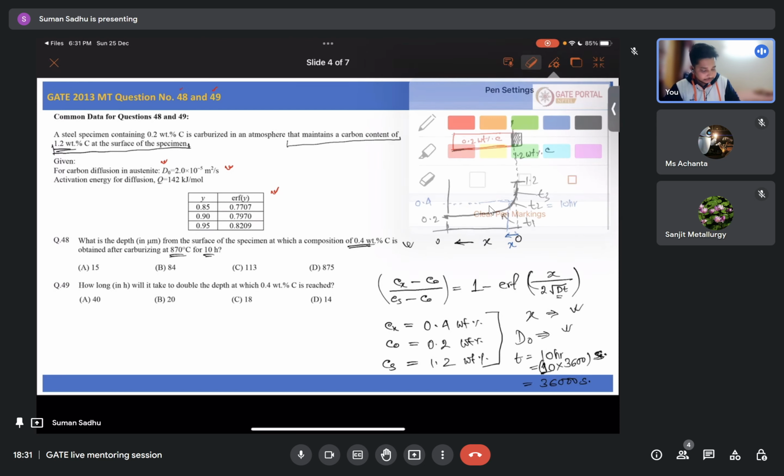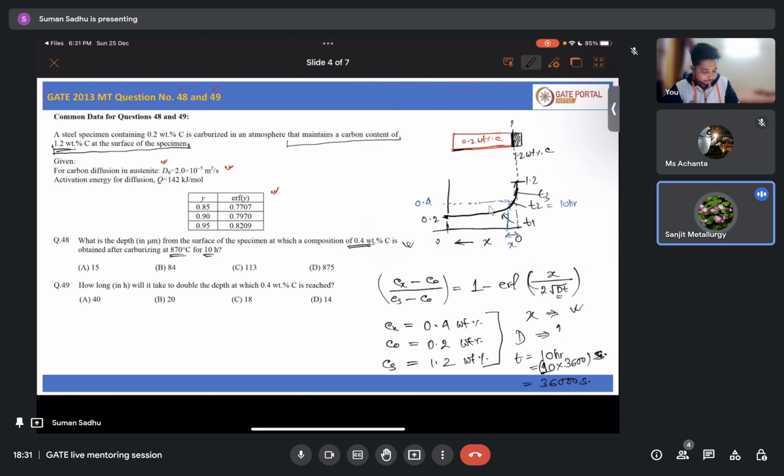Now D naught is given, but D is not given. So how to calculate the D? We can use the formula D is equal to D naught into exponential of minus Q by RT. Yes, so you have to use the Arrhenius equation. So D will be D naught into exponential of minus Q by RT.